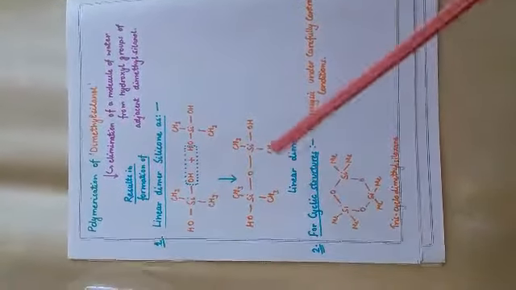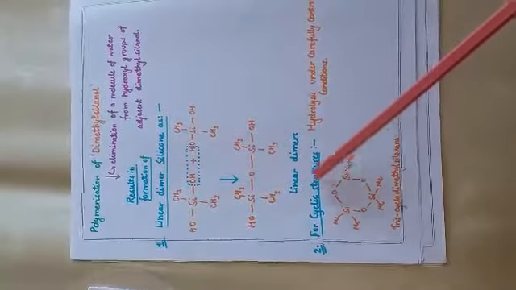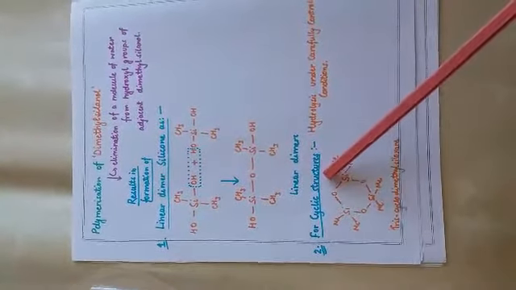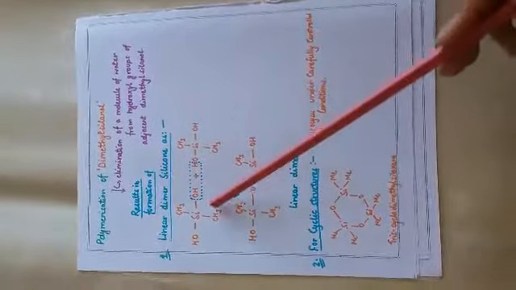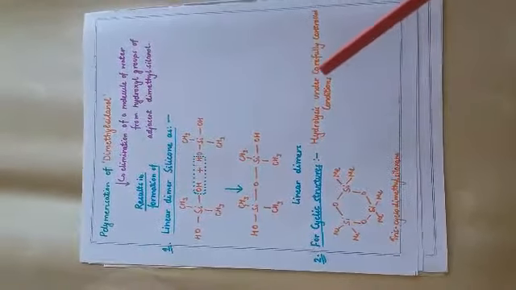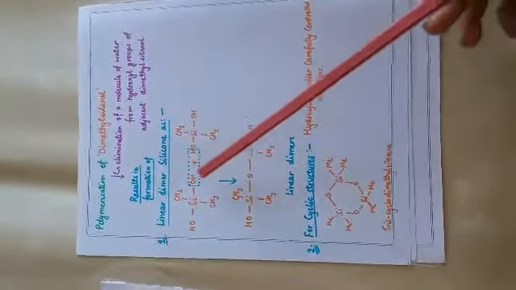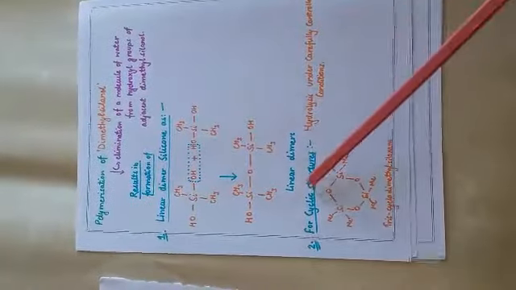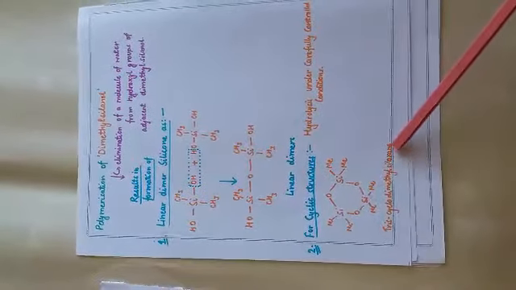But what happens if we want to achieve a cyclic polymer or cyclic structure? For that we have to carry out this hydrolysis under carefully controlled conditions. It might be high temperature and high pressure. When the conditions are controlled and hydrolysis occurs, it forms a cyclic structure, which can be tris cyclodimethylsiloxane.